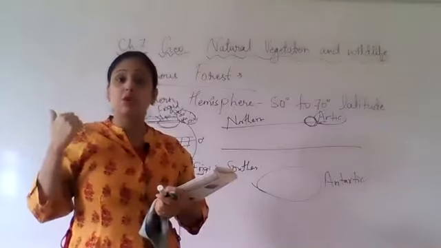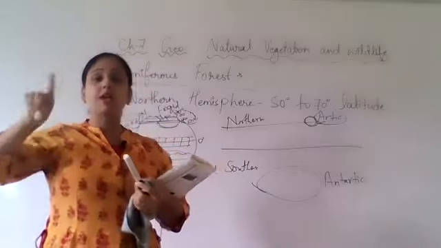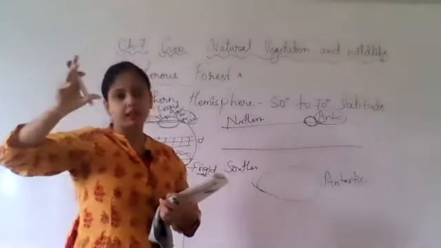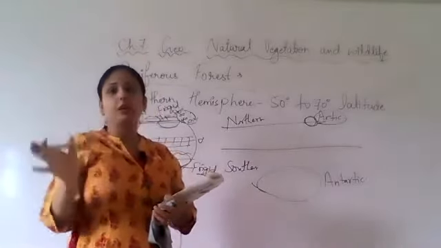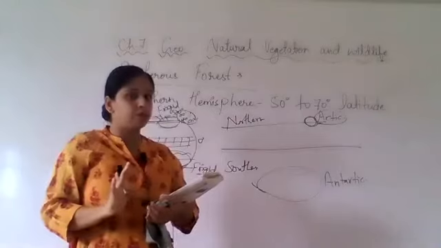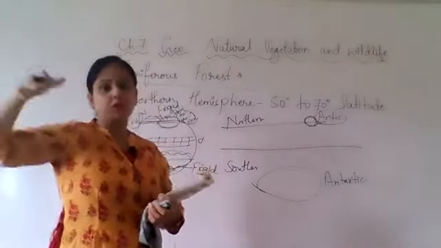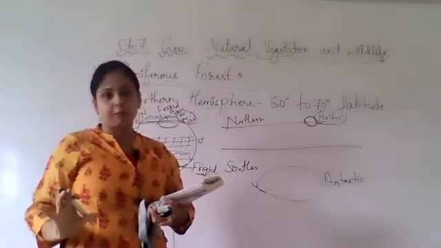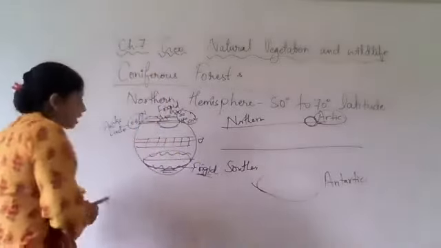Now these forests grow in the cold climate, near to the Arctic circle, which is 50 degree to 70 degree latitude. Now, when we go to the southern hemisphere, in 50 to 70 degree latitude, there is no land mass. Very less land mass is there. That is why they cannot grow in the southern hemisphere. Okay.